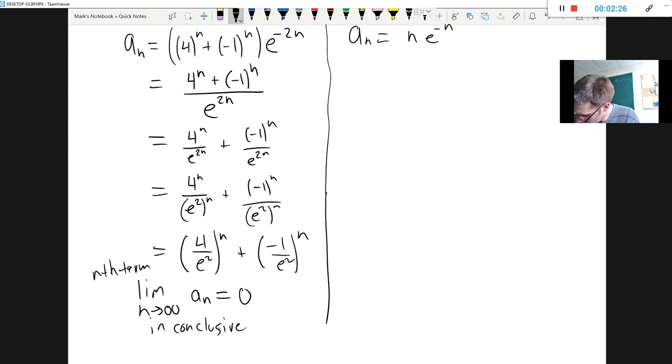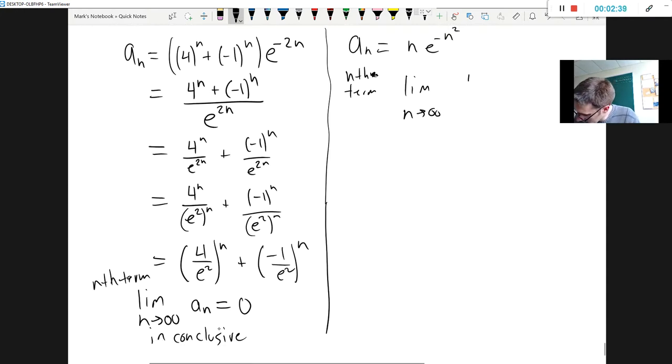All right, let's try the nth term test on the other series. We need to look at the limit as n goes to infinity of a_n, which we could write as n over e to the n squared. Unfortunately, that's an indeterminate form. Both the top and the bottom want to go to infinity, so that's no good. But since it is infinity over infinity, we could apply L'Hopital's rule.